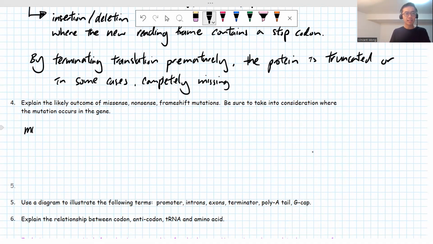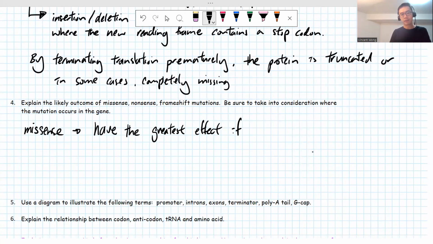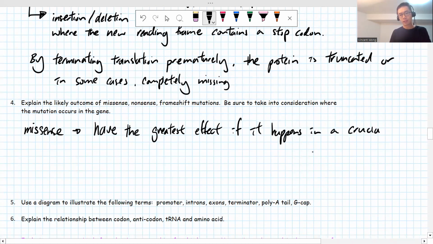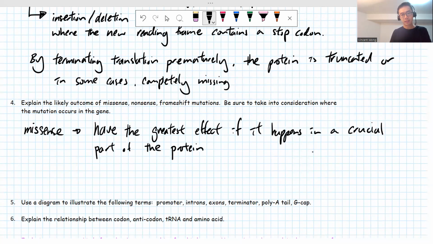So missense would have the greatest effect if it happens in a crucial part of the protein, for example the active site of an enzyme.